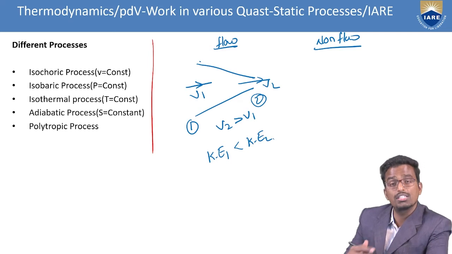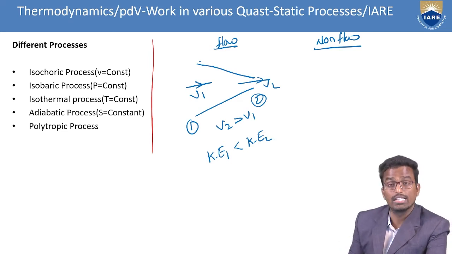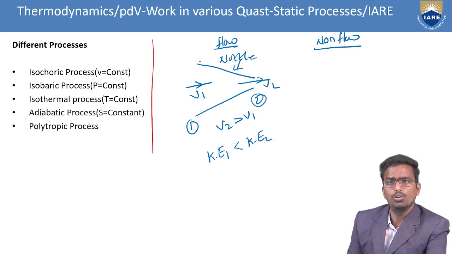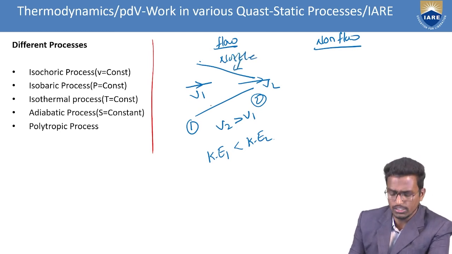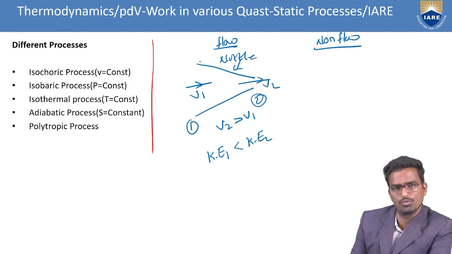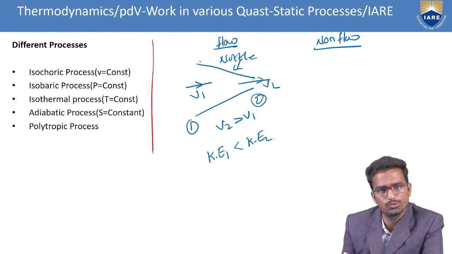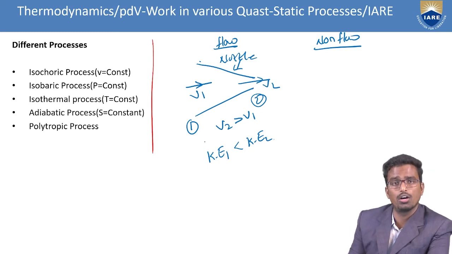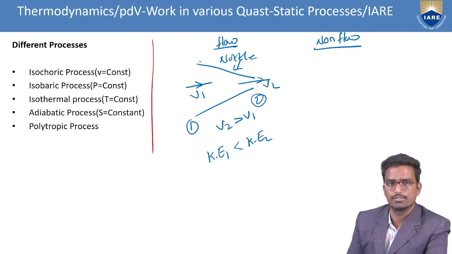That is the function of a nozzle. Here, some mass is flowing through it and doing some work. That's why we call this type of system a flow system, and we classify it under the flow process.